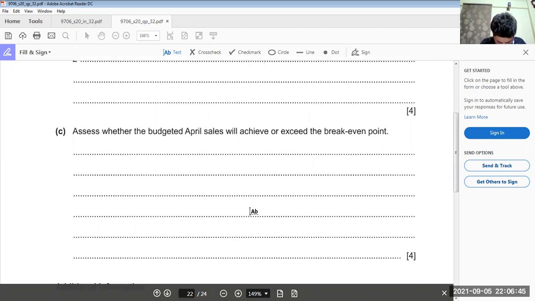Now, from April, we have to calculate other overheads. Other overheads, we have how much? 6,210.